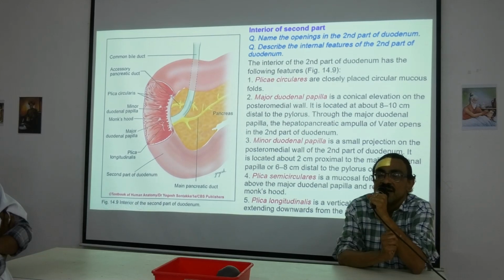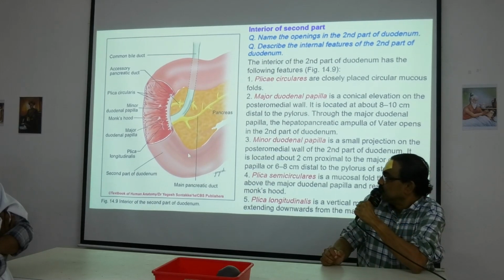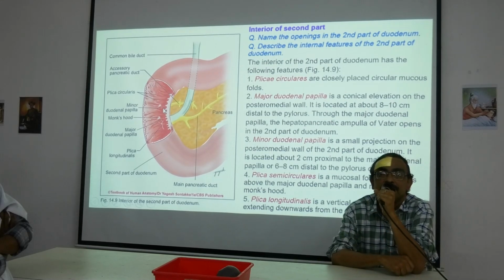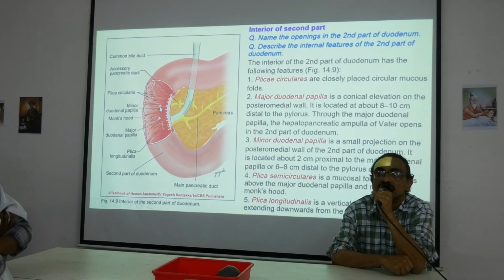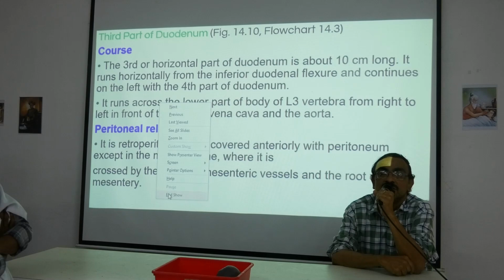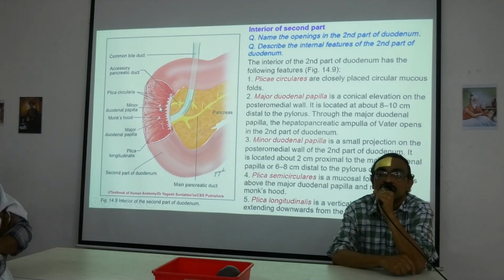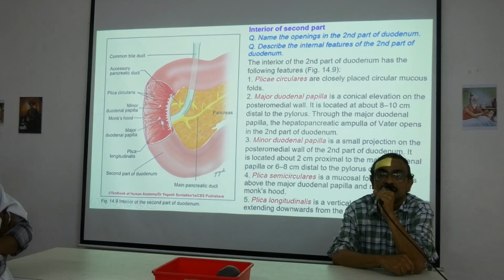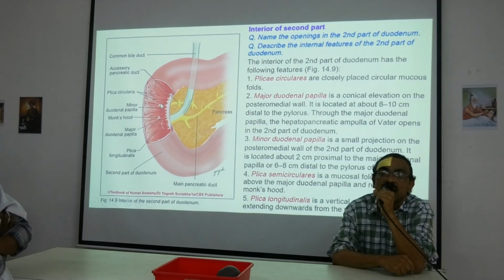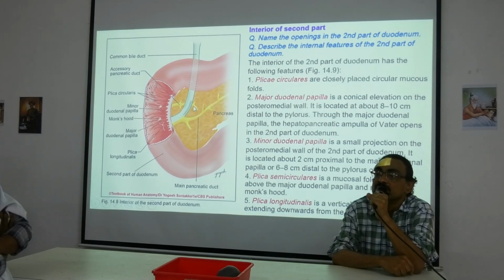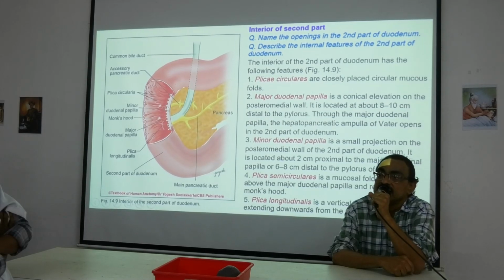Sometimes we can get another opening which is called the minor duodenal papilla, which is 2 centimeters proximal to the major duodenal papilla. That is called the minor duodenal papilla. And this minor duodenal papilla is for opening of the accessory pancreatic duct.